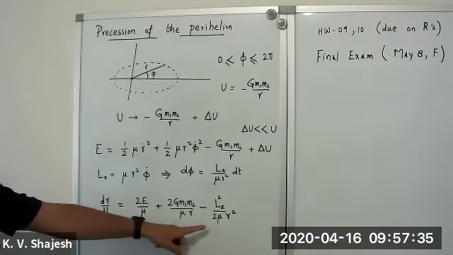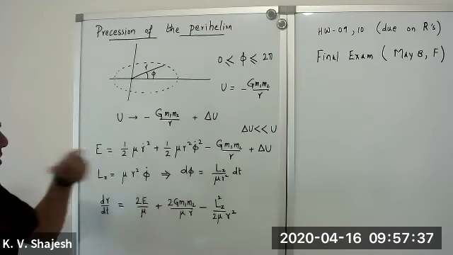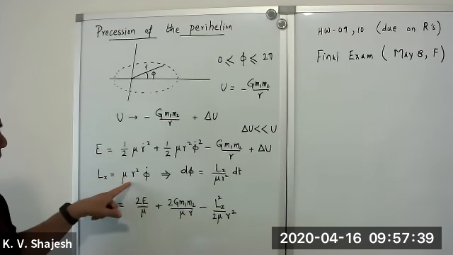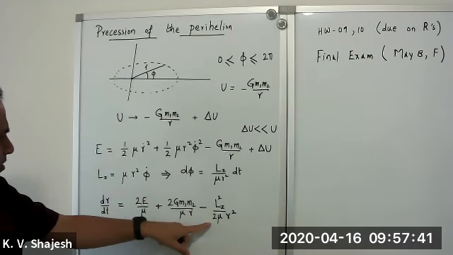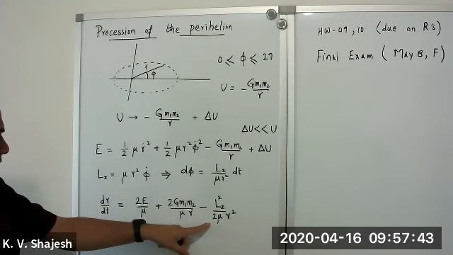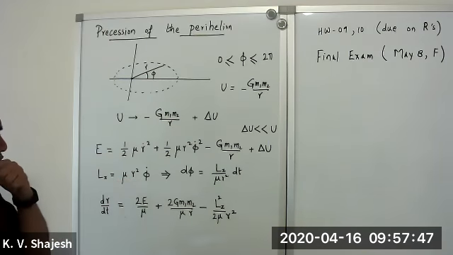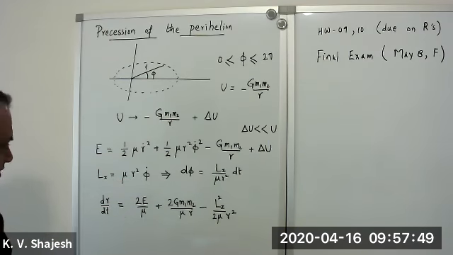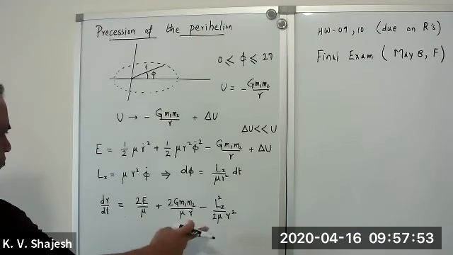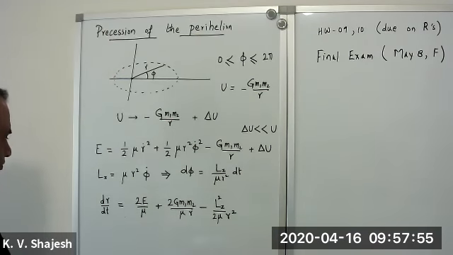And did I get this correct? Lz square divided by, so there is a factor of 2 here, and there is a mu square that will cancel out. So that's correct, I guess, right?